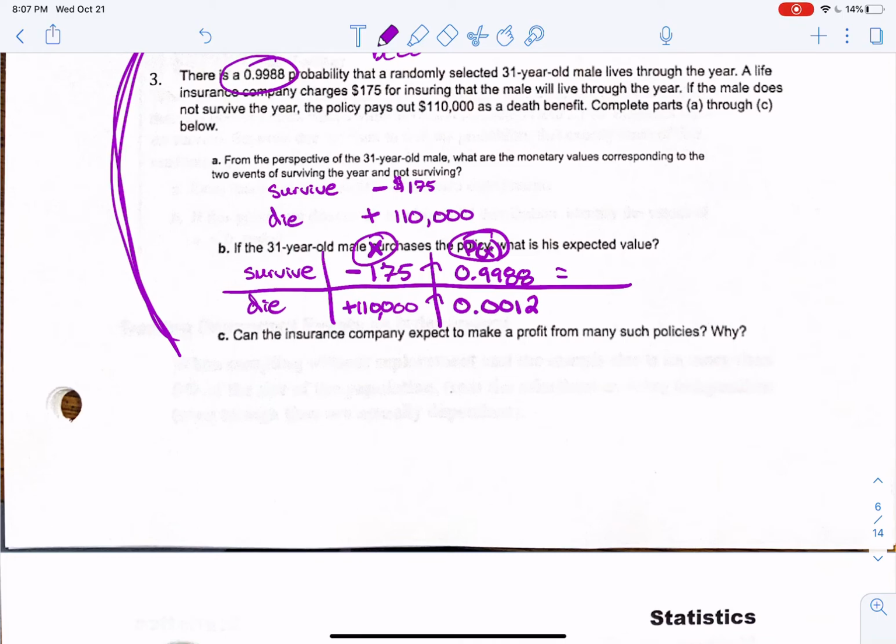Okay, so I have 175 times 0.9988, but it's going to be negative, so negative 174.79.